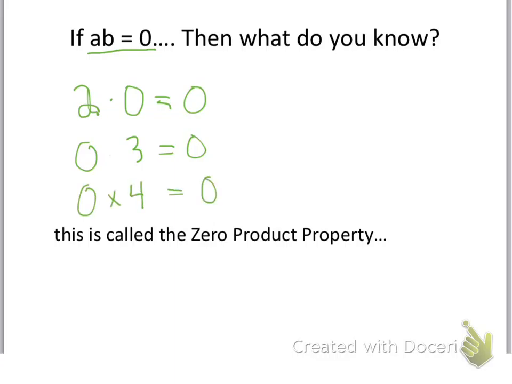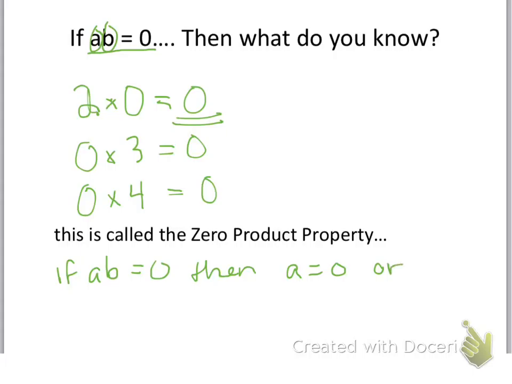Well, as you notice from all these examples, I have to have a 0. The only way to get a 0 for an answer is if one of these is a 0. So if a times b equals 0, then a equals 0 or b equals 0.